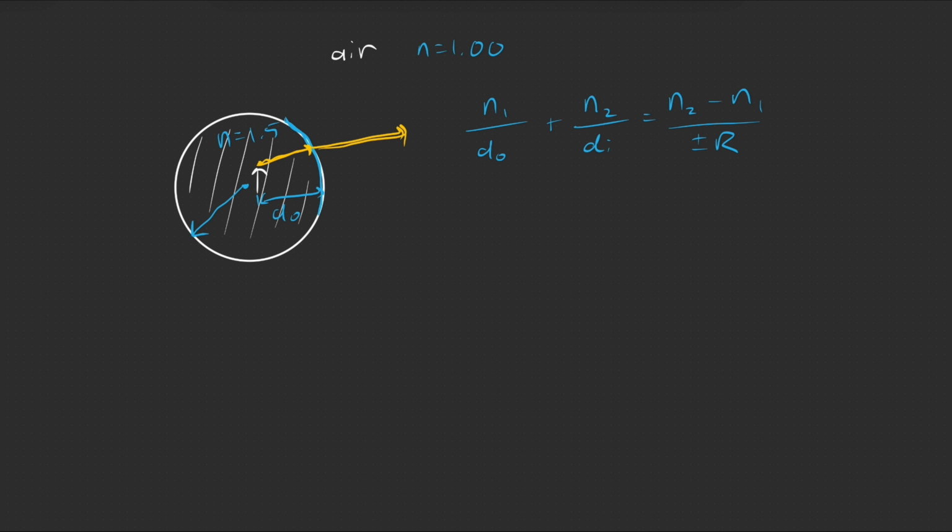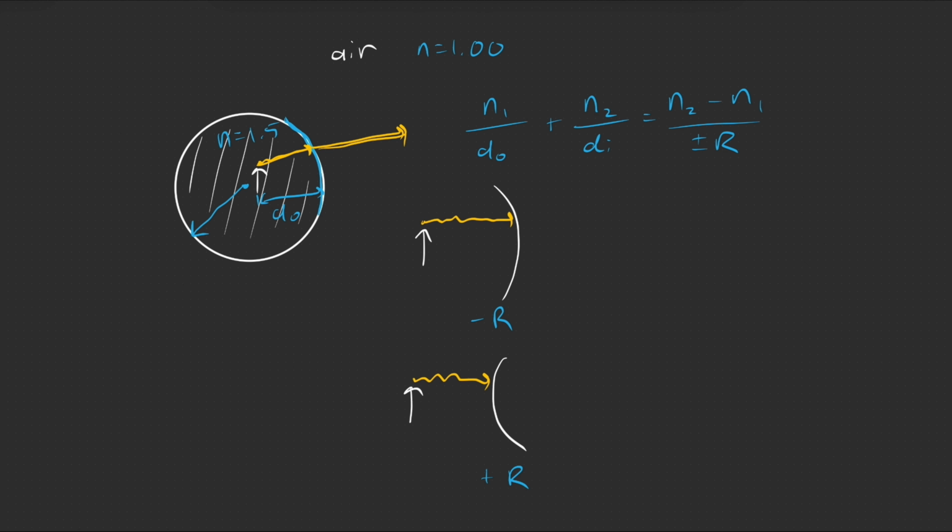If we look at our problem here and bring it down, the light ray leaving our object encounters a concave surface. Concave surfaces give negative r values in our equation. Whereas, if we have something like this, where we have an object and a light ray that leaves it, the light ray encounters a convex surface. Convex surfaces give positive r values.